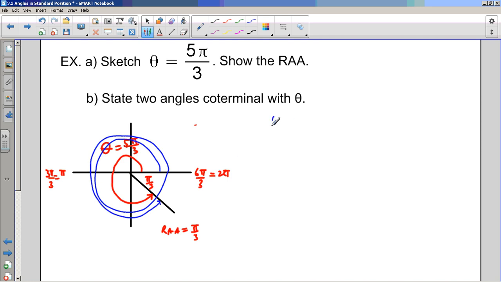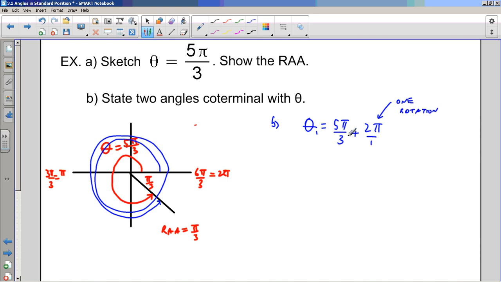So this angle, theta 1, is a spin plus 5 pi over 3. Or I could think of it as 5 pi over 3 plus a spin. Right, this is once around. It's not 360. It's 2 pi in radians. That's one rotation.